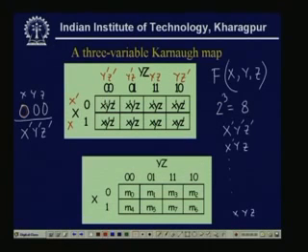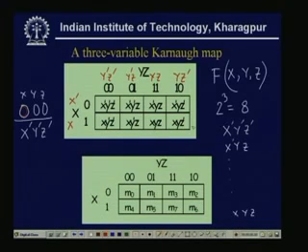Now, what the column is there, that I will add. So, for the first column y dash z dash, it is x dash y dash z dash. Second column it is y dash z, so x dash y dash z. Third column it is y z, so it is x dash y z. Fourth column it is y z dash, so it is x dash y z dash.